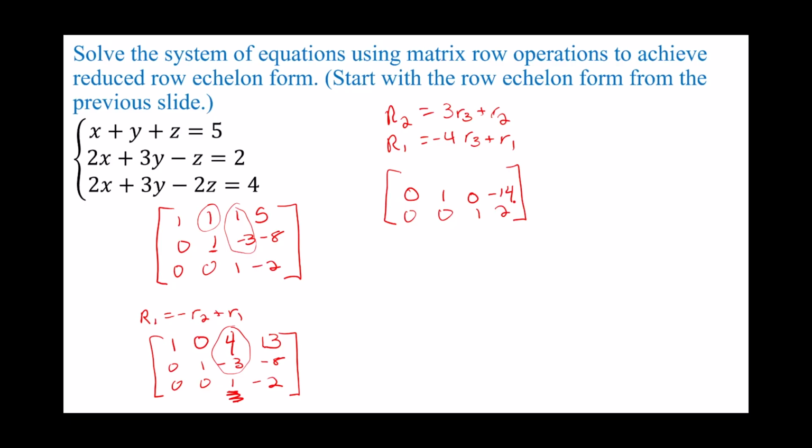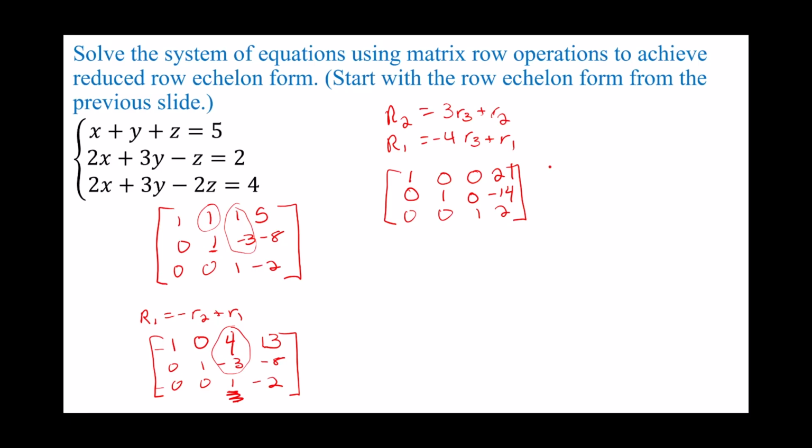And then I'll do row 1, negative 4 row 3 plus row 1. So negative 4 times 0 plus 1 is 1. Negative 4 times 0 plus 0 is 0. Negative 4 times 1 plus 4 is 0. And negative 4 times negative 2 is 8, plus 13 is 21.